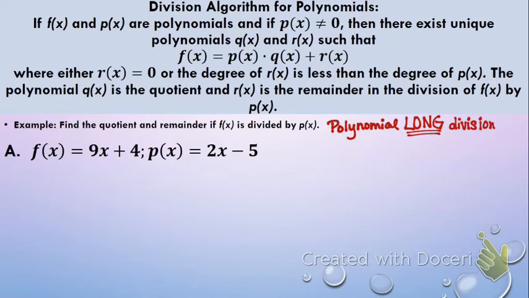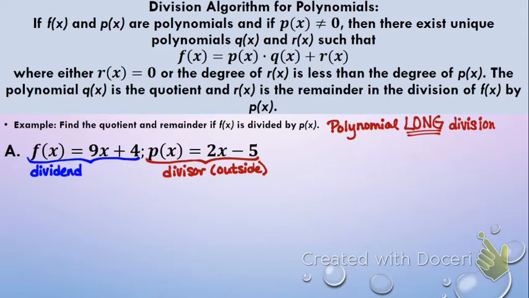So they want us to find the quotient and the remainder if f of x is divided by p of x. So p of x is our divisor. This is the part that goes on the outside. And that means that f of x is our dividend, the part that goes on the inside.